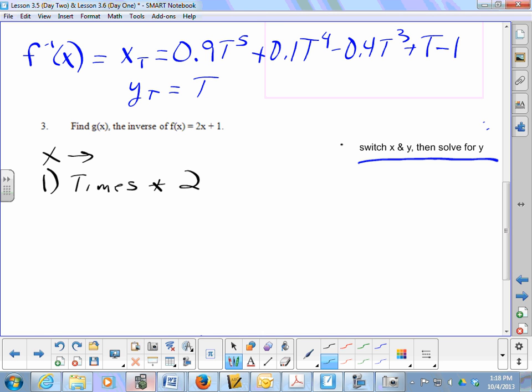Then we add 1 to it, right? If I put a number in for x, I would multiply it by 2 and then add 1. So to find the inverse then, we want to undo those things.